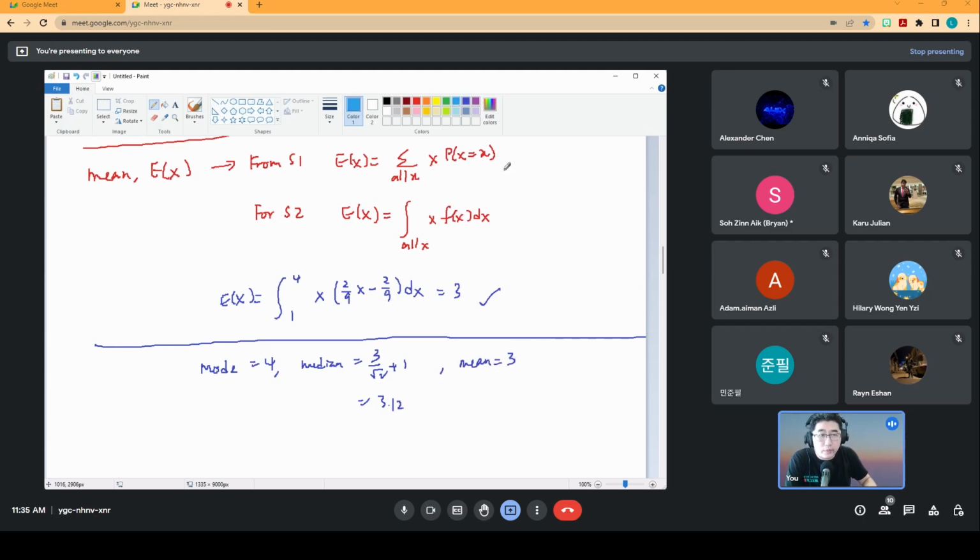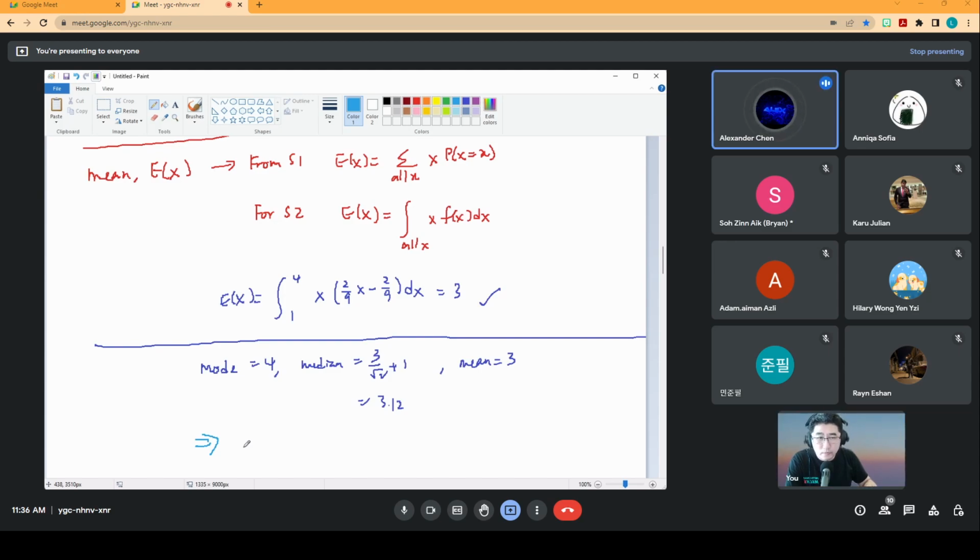What conclusion can we make from here based on S1, chapter 1? What conclusion can we make by looking at these three figures? Anyone remember from S1?